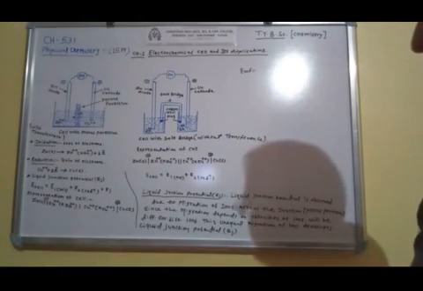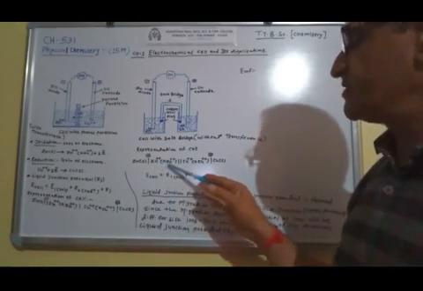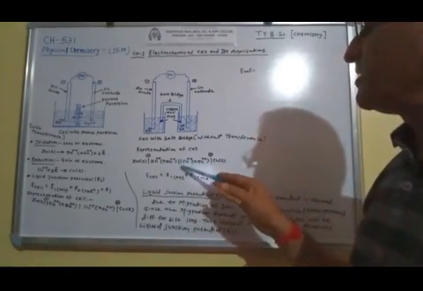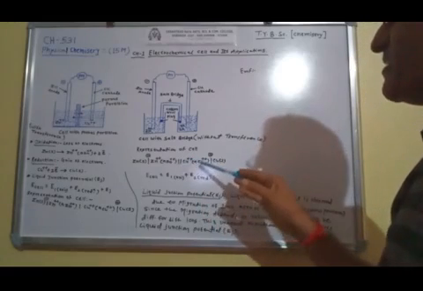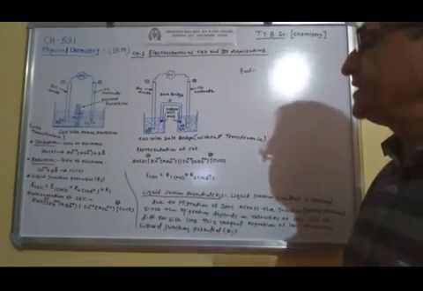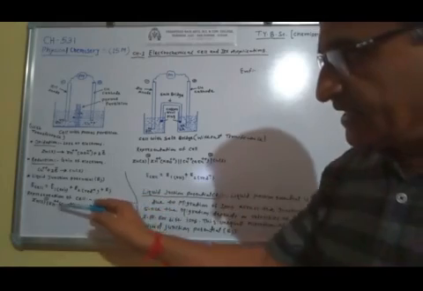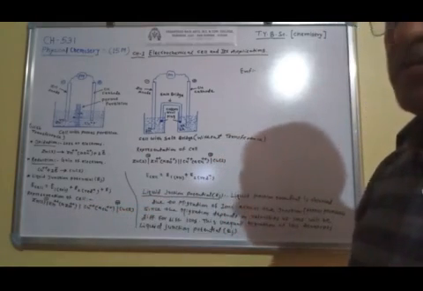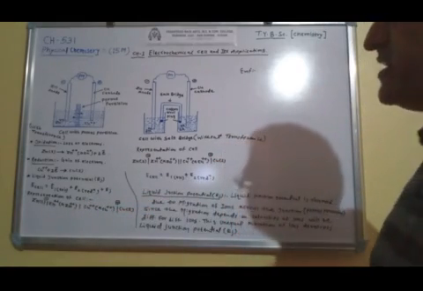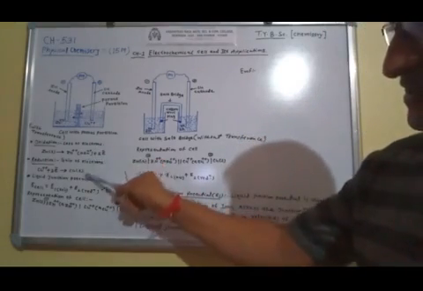So this cell is represented as Zn solid, Zn plus plus, activity of Zn plus plus, double line, copper plus plus, activity of copper plus plus, copper. The double line indicates presence of a salt bridge, and a single line indicates presence of a porous partition. In this way the cell can be represented. These are the half cell reactions.